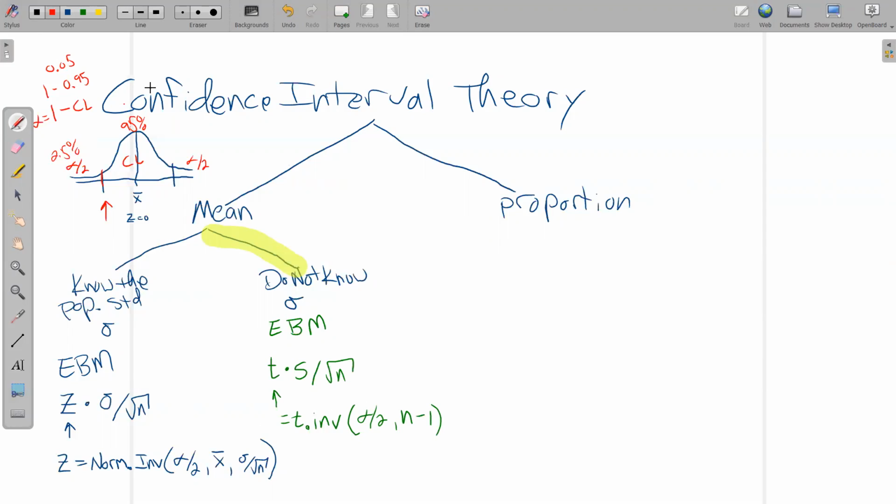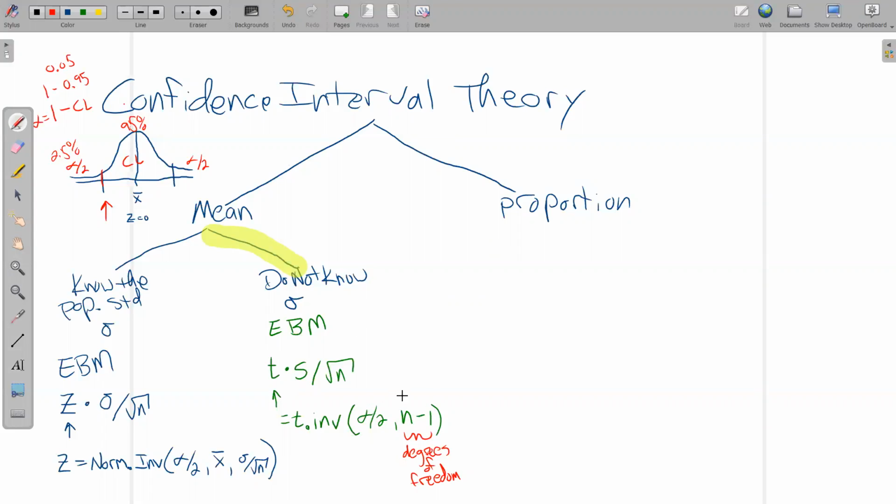And that particular value, the sample size minus 1, is also called degrees of freedom. And the history of that phrase is a whole other topic, so I'm not going to worry about that.